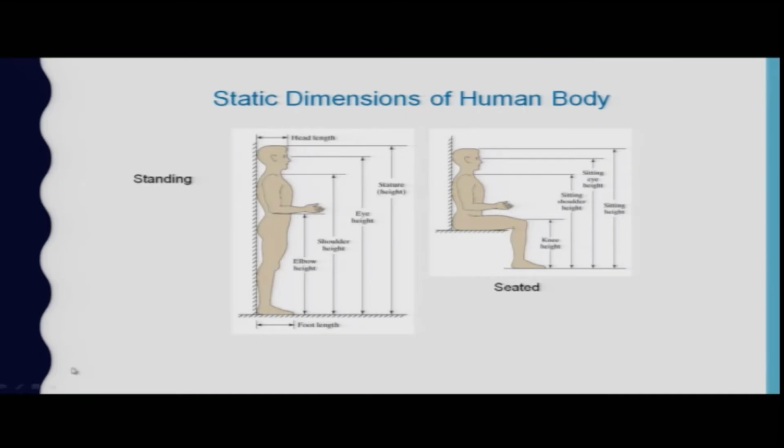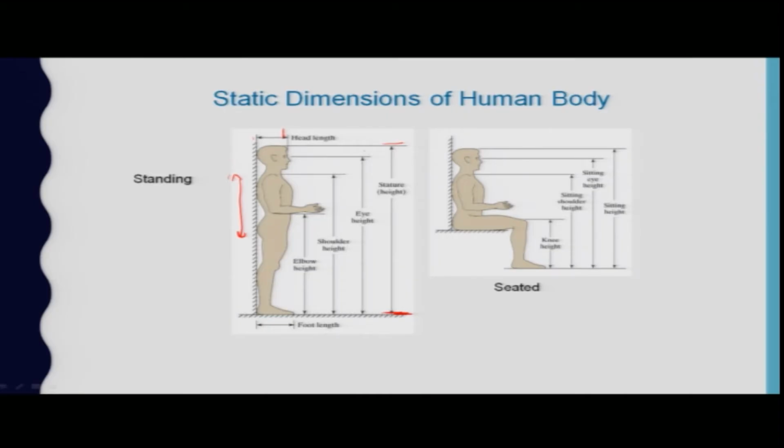As you can see from this figure, head length is from the wall to this point, and the stature height is the total height, the vertical distance between the floor and the highest part of the head with the subject standing erect. The erection is important in order to have the complete height of a particular body.